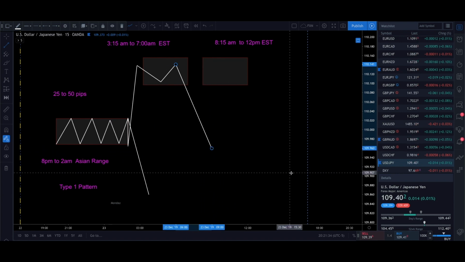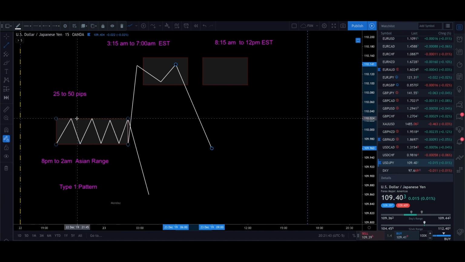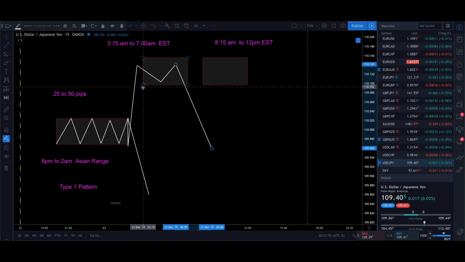Okay, the most important part of this, guys, is number one, the push that happens outside of the initial high and low of the Asian range. Okay, that's very simple to allow you to identify that you're looking for a type 1 pattern. And then the second thing is the variation on the theme that you're going to be getting.